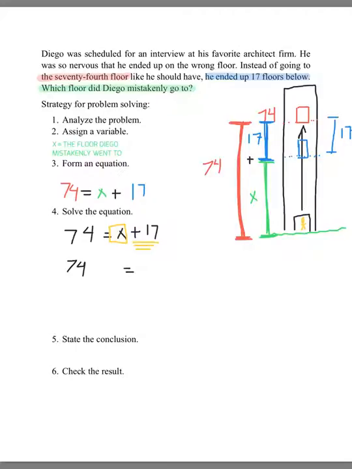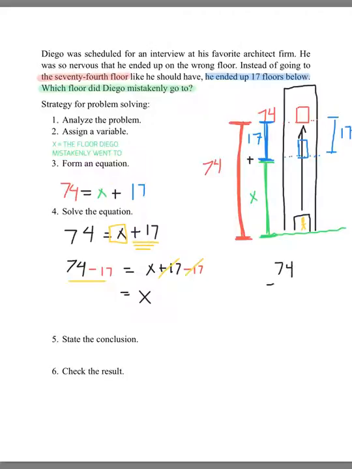What's nice about this is the positive 17 and the negative 17 simplify out, leaving us with only x on the right-hand side. On the left-hand side we have to simplify 74 minus 17. We'll do that off to the side as scratch work.